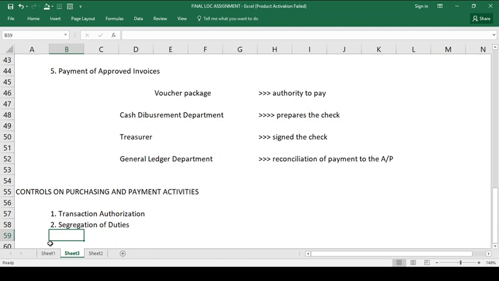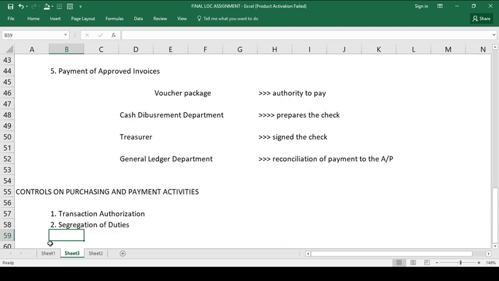Kasi pag mag-isa si accounts payable department at si payment, the cash disbursement, posible yung mangyari po nun, no? Mamanipulahin ni accounts payable yung balanse, papalakihin niya para lumabas, malaki yung babayaran. At the end, may kickback na pala siya. So, we need to segregate duties to prevent those fraudulent acts. That is one control that we need to do.